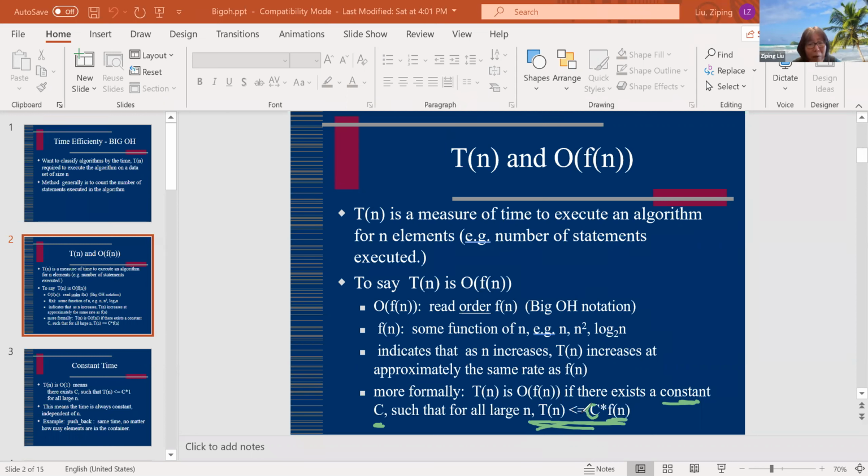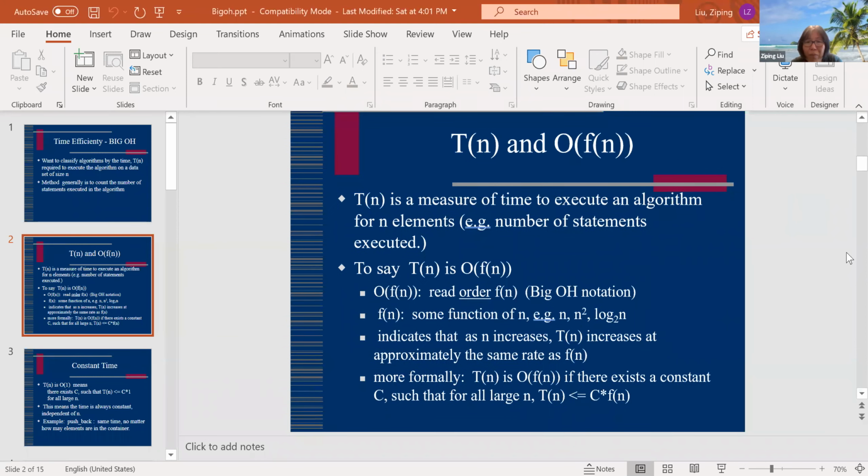If you can guarantee this expression, then we can say Tn is order of Fn. Then you see that Fn is the big O notation. So that's regarding Tn and Fn's relation.